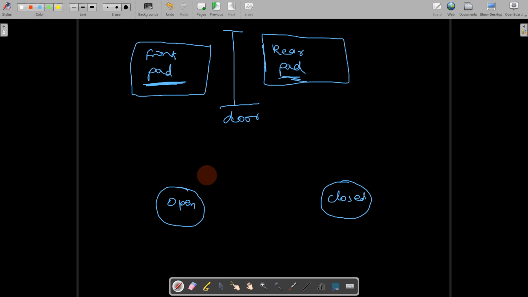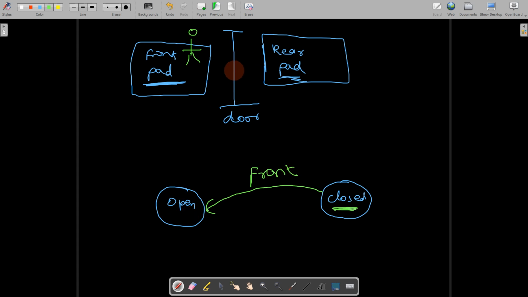First input: suppose the door is currently in the closed state. Initially it will be in the closed state, right? And then somebody stands on the front pad. So from closed, it will go to the open state, right? Now it's in the open state.